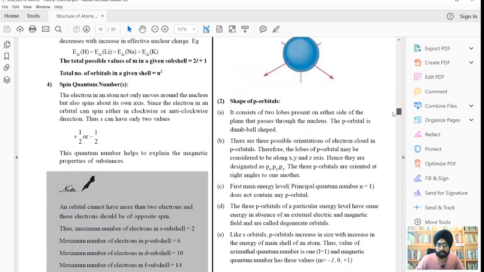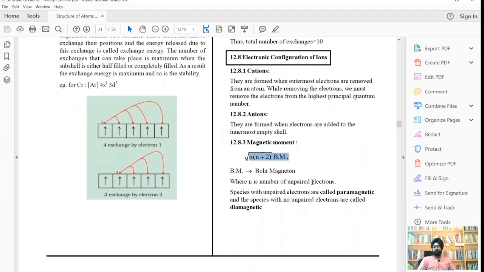So this is the formula of the magnetic moment. I just pointed out this particular part in the notes as well, just to make sure that you read the notes after the class as well.